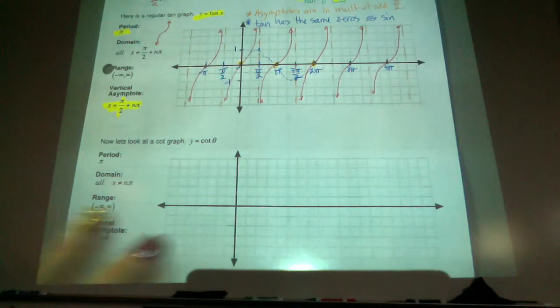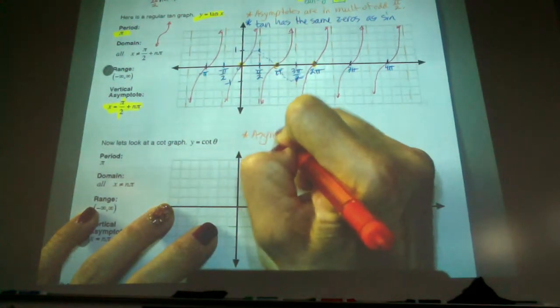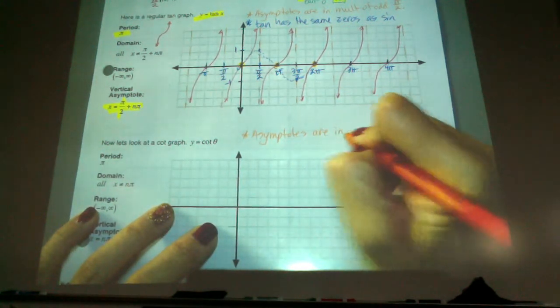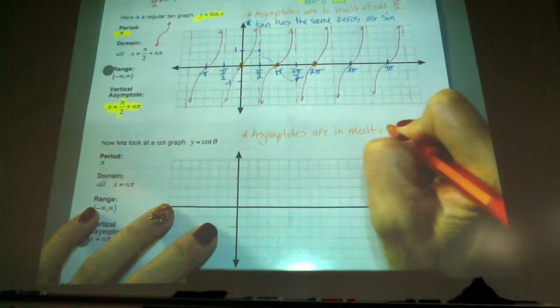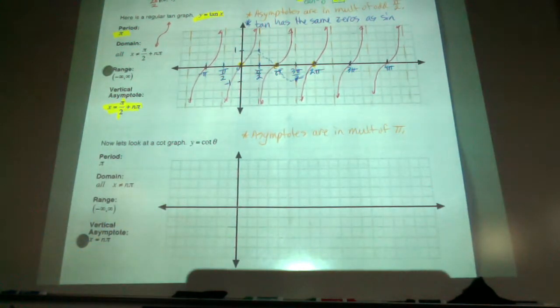But let's look at cotangent. So cotangent's asymptotes are in multiples of pi. Every pi. 0, pi, 2 pi, 3 pi, 4 pi, 5 pi. So every multiple of pi is an asymptote for regular cotangent.